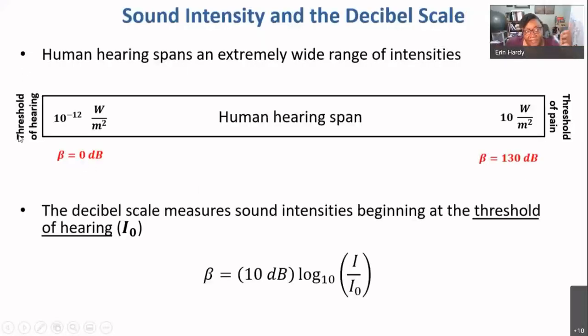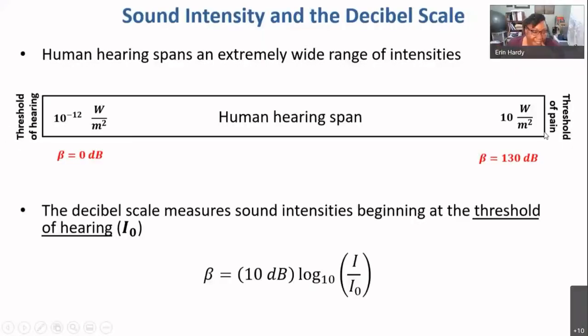So we know that the lowest frequency that a healthy human ear can pick up is about 20 hertz. In terms of intensity, we can relate that to this very small value, about 1 times 10 to the negative 12 watts per square meter. So that is the minimum intensity that a human ear can actually detect and interpret.